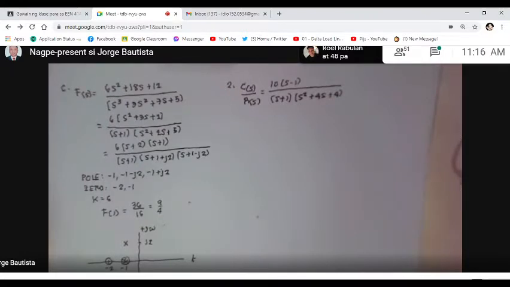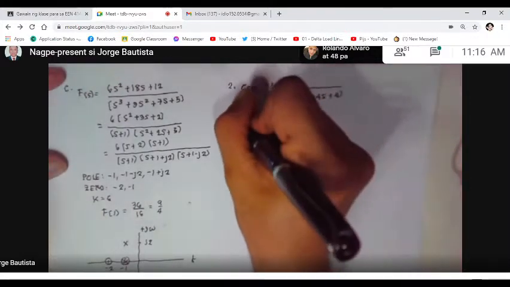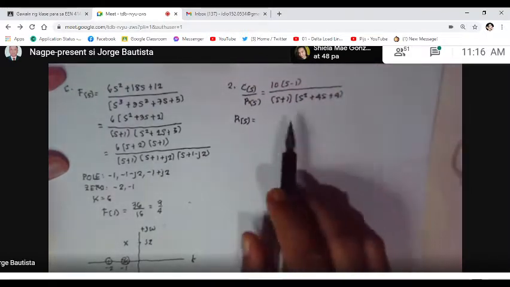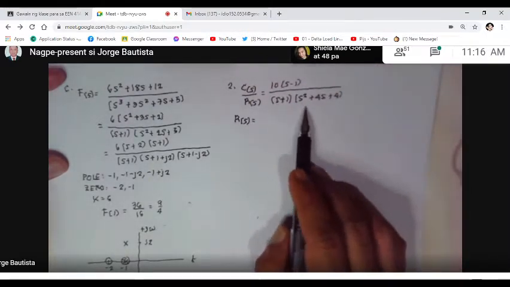So, characteristic equation is the denominator, no? So, R sub S, that is equal to, so, ang gagawin mo lang, multiply mo lang isa-isa, no?